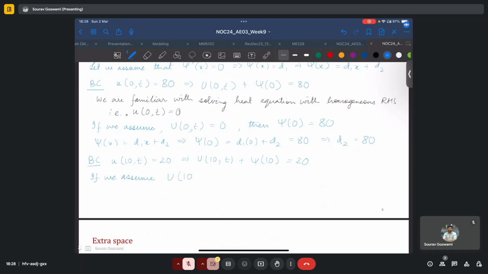So to facilitate this, if we assume U at 10 comma t is also 0, then psi at 10 will equal 20, but psi is of the form d1 x plus 80. So psi at 10 is equal to 10 d1 plus 80, which we are told is equal to 20.